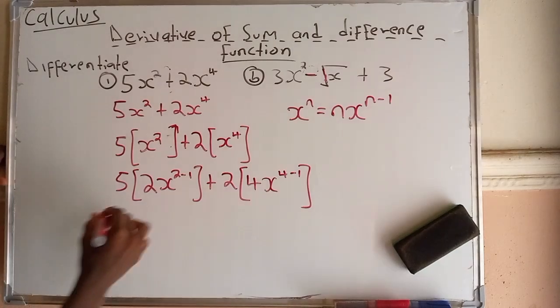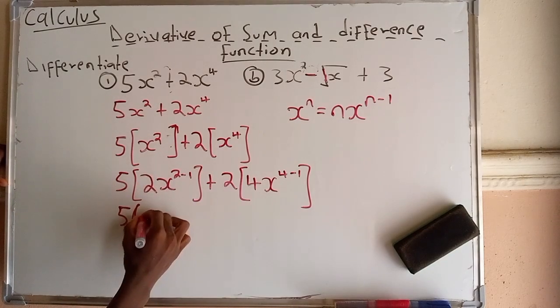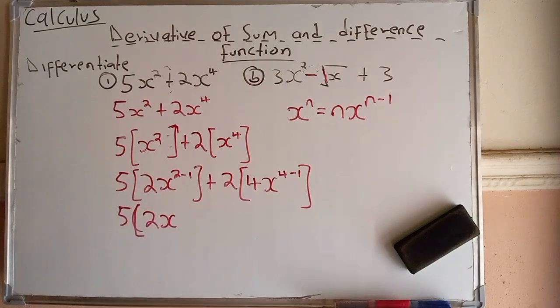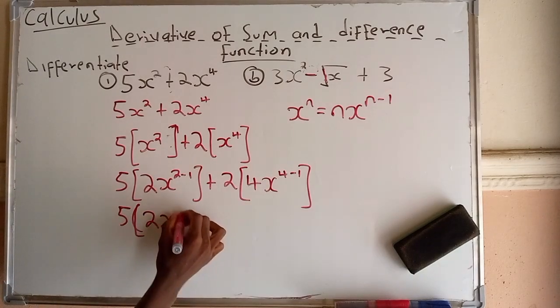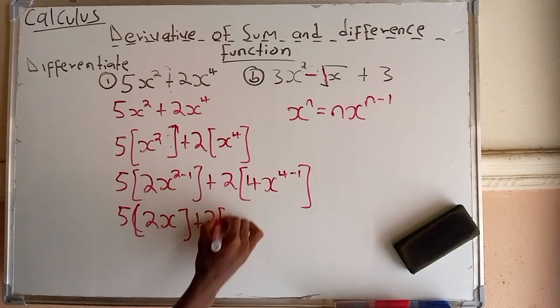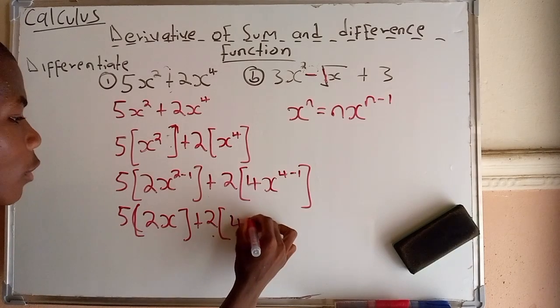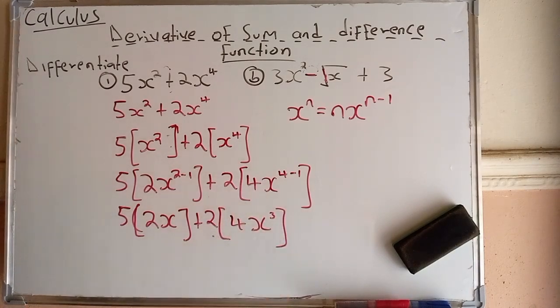So the solution of this problem will be 5 into 2x power 1, which is the same thing as 2x, plus 2 into 4x, 4 minus 1 is 3, so we have 4x power 3.